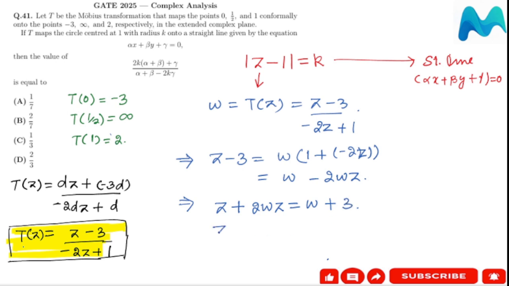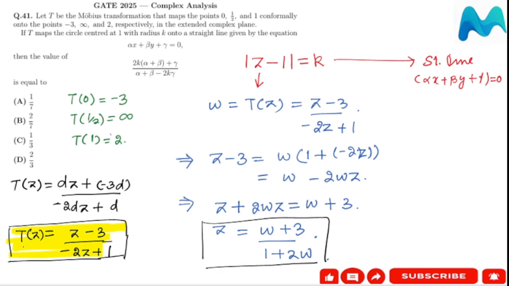So z is common, that will be z(1 + 2w) = w + 3. Got it? So we have the value of z, that is z = (w + 3)/(1 + 2w).